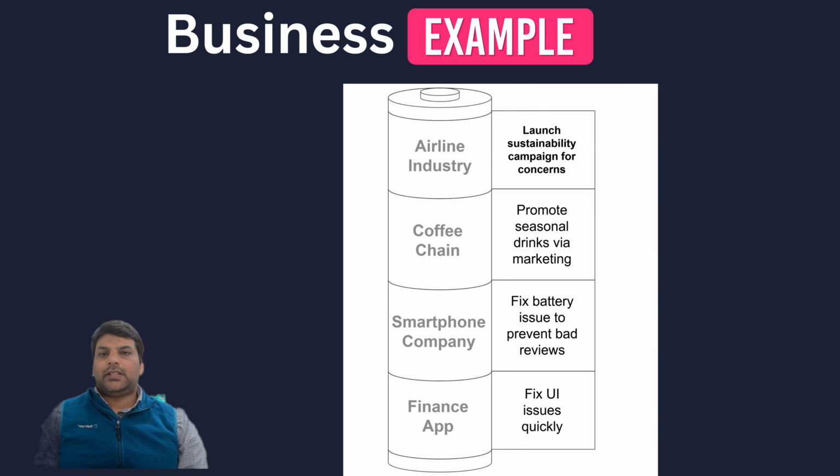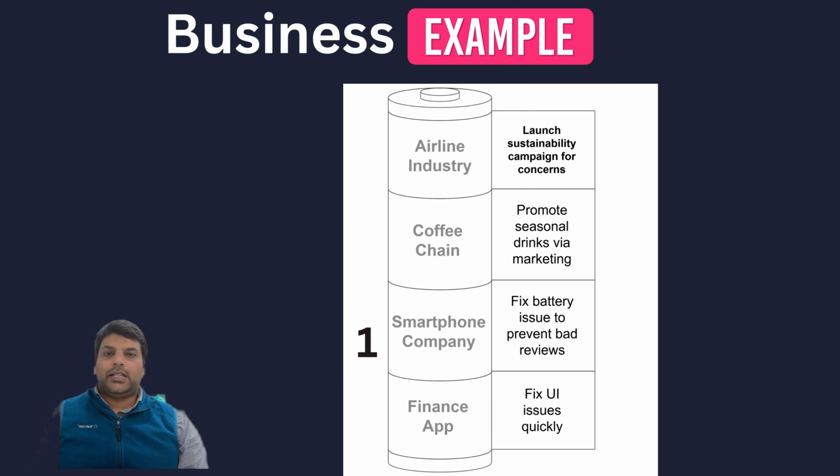Let's begin with the smartphone company. The data can be Twitter mentions after a new phone launches. The trend is people talking a lot about the phone's battery life, and the action the company should take is to fix the battery issue quickly to prevent bad reviews.